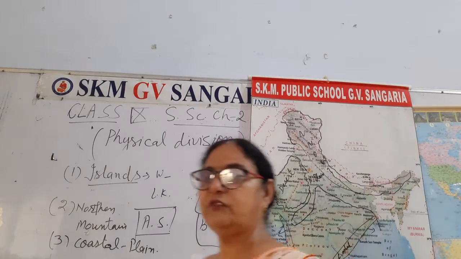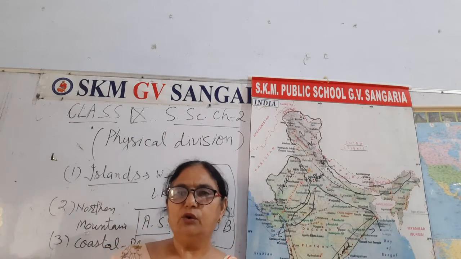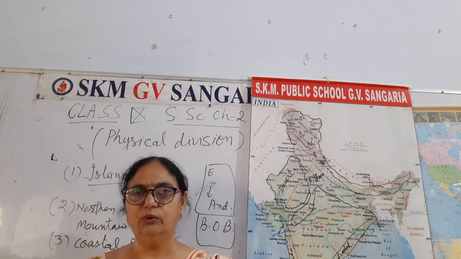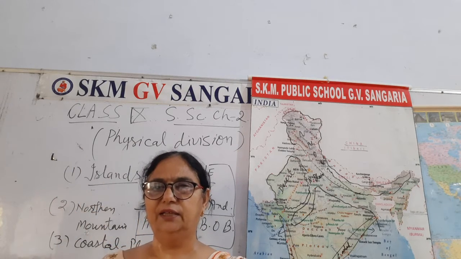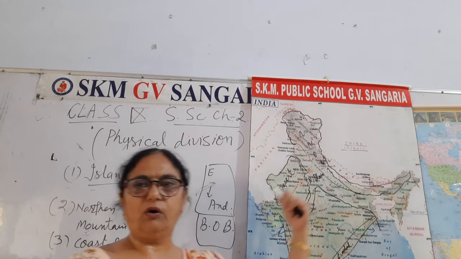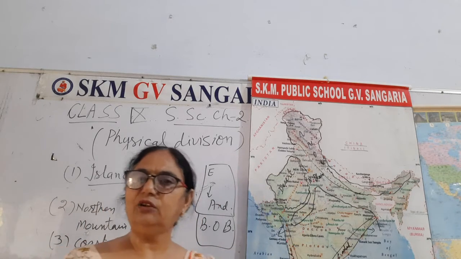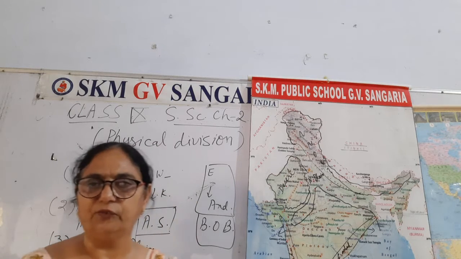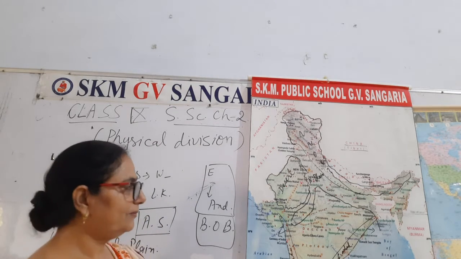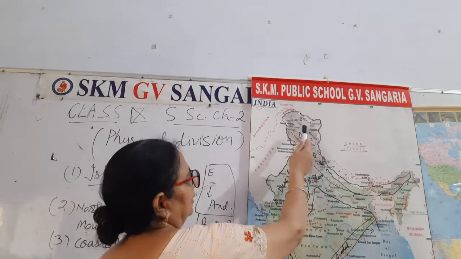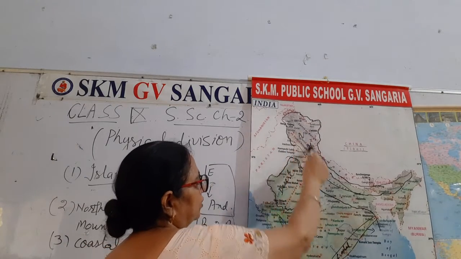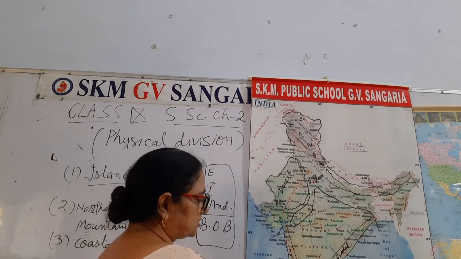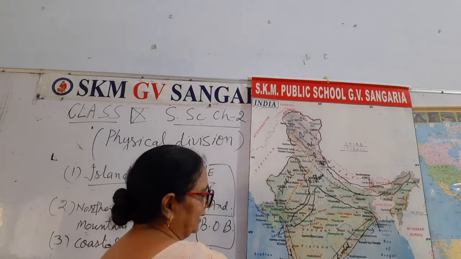One thing, dear student, when you watch this video, you have to take a blank map of India with you and try to draw accordingly. Okay, pause, draw, then you will easily locate all the 5 to 6 physical divisions of India very easily. Right? First I located the northern mountain, then the desert, then coastal plains, islands.